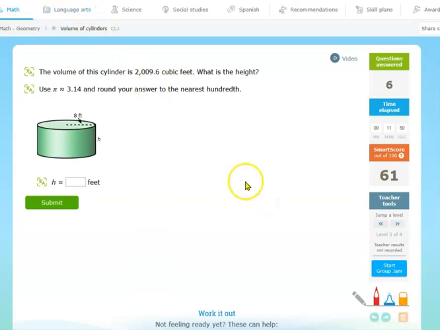Okay, so we are going to start by writing out our formula. So we know that volume is equal to 3.14 times r squared times h. Okay, let's go read the problem. It says the volume of the cylinder is 2009.6 cubic feet. What is the height?